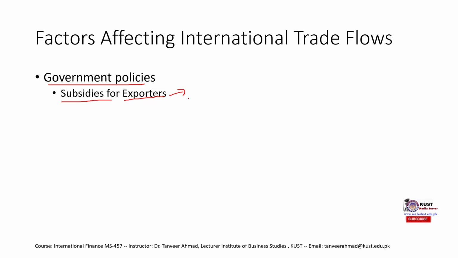They would get subsidy on the purchase of land or its rents. So essentially what government is doing by introducing this subsidy is trying to boost its exports. It's trying to increase the exports. So these exports are increasing due to the subsidy.